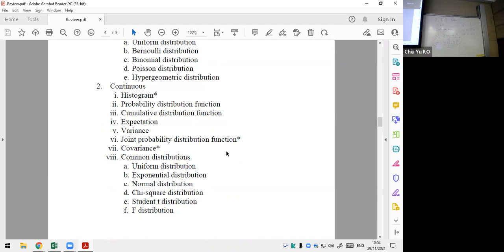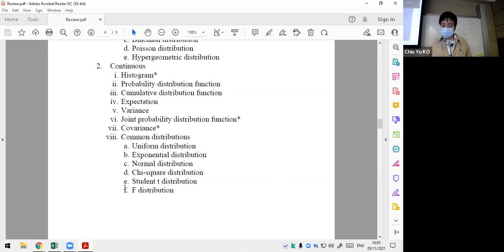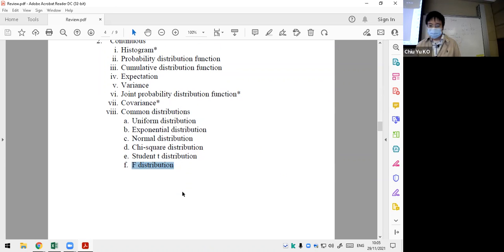And normal, we are using all over the places. And student T and F is the way you do hypothesis testing, right? And also interval estimate, right? And that's what we learn in the recent half of the semester, closely related to normal, student T and F. And do note that chi-square is behind the student T and F, okay? So that would be something you should know, of course, just know.